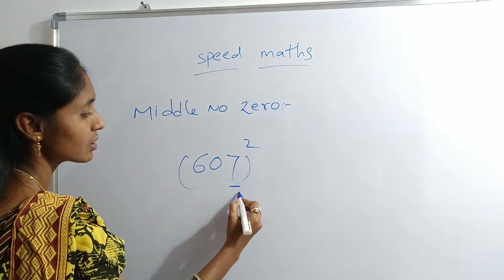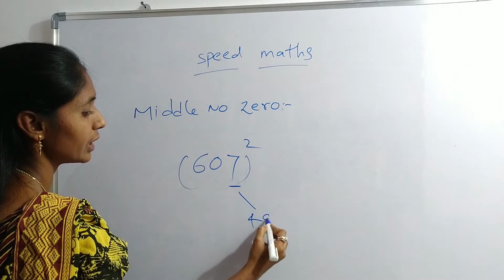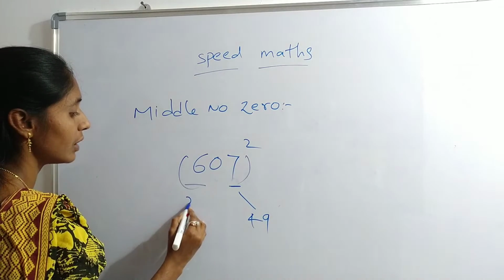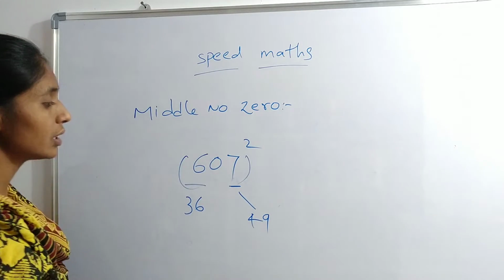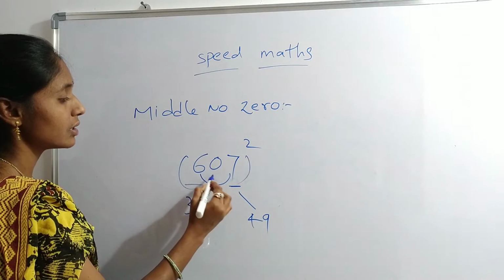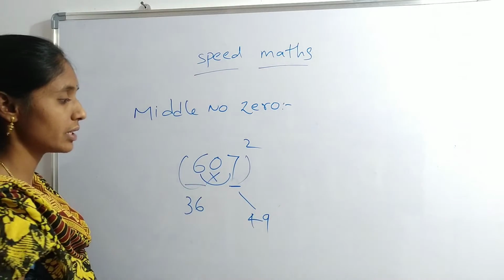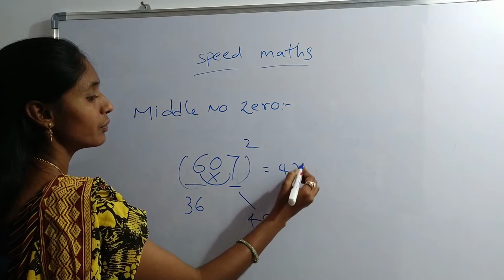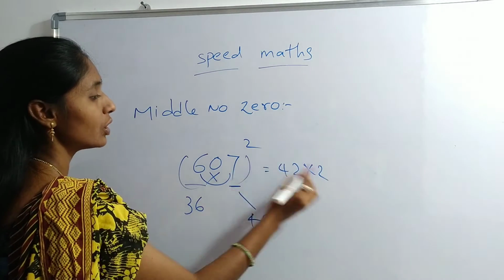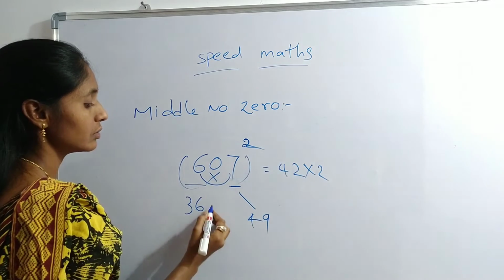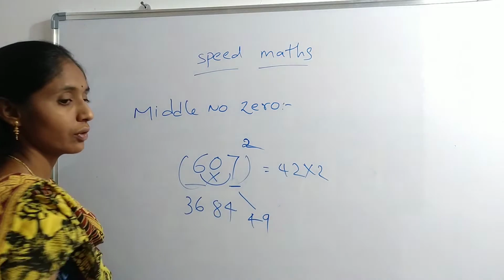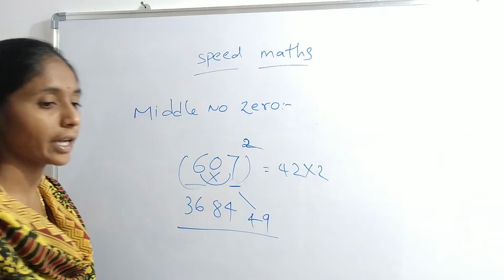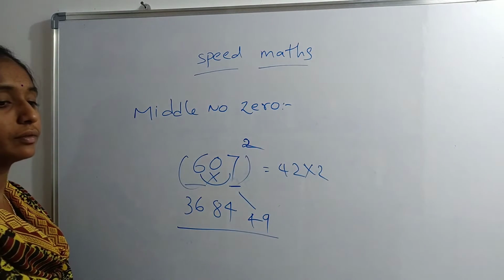Take the 7 square value 49. Now take the 6 square value 36. Then multiply 6 with 7, that is 42. Multiply 42 with 2 because this is a square value, so 84. The answer is 368449.